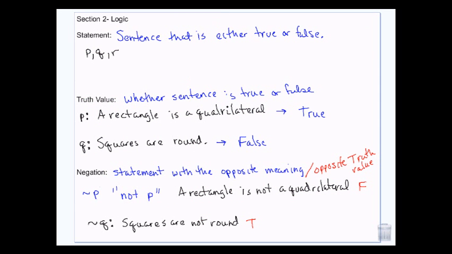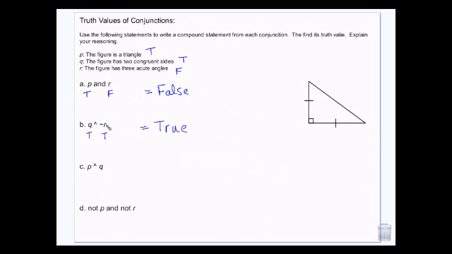So if we were false, we're now true. If we're true, we would now be false. So it's just the opposite meaning. So if it was true and you put a not in front of it, it's now false, and vice versa. Okay, P is true, Q is true.